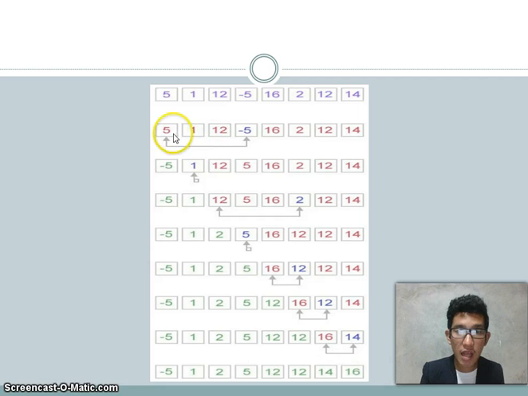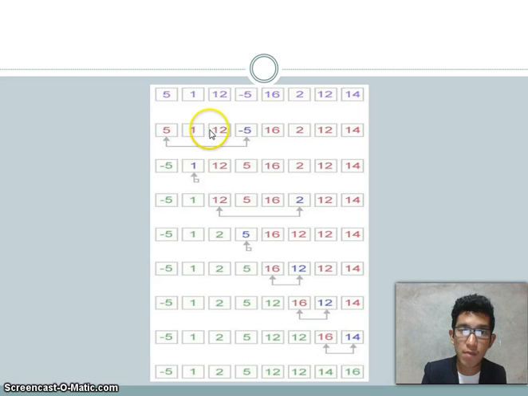As we observe, mas malaki yung 5 tsaka 1. Pero yung sinabi kanina doon sa selection sort, lowest. Since yung 1 at 12 is sorted naman siya, what we are looking for is the smallest number that is unsorted.